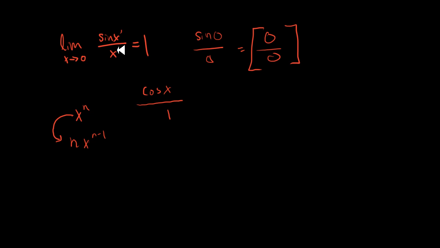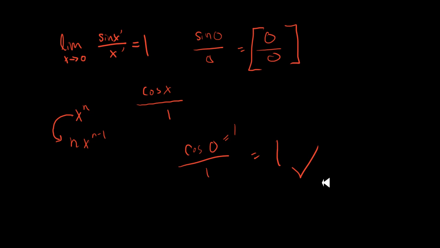So since x is 1, when you plug in 0 for x, you get cosine 0 over 1. And cosine 0 equals 1, so it equals 1. First special limit proved. Check, check.